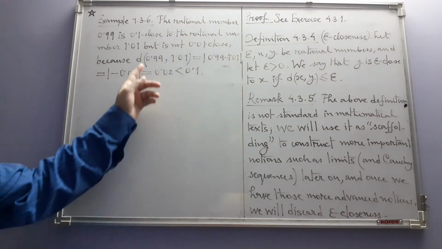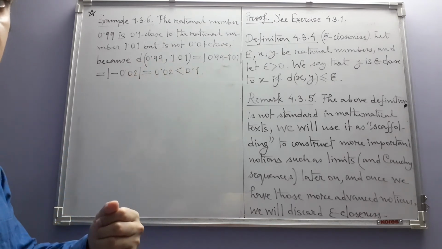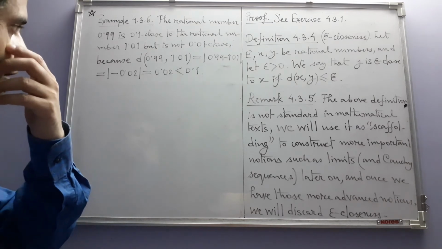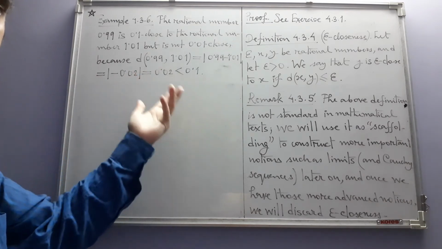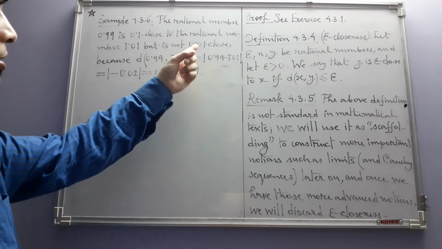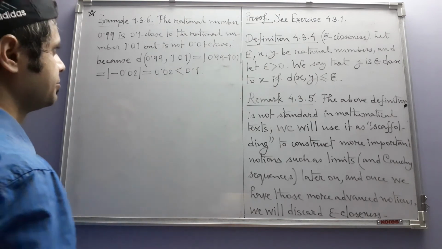So these two rational numbers are 0.1 close to each other. However, the distance between them is not less than or equal to 0.01. So they are not 0.01 close.